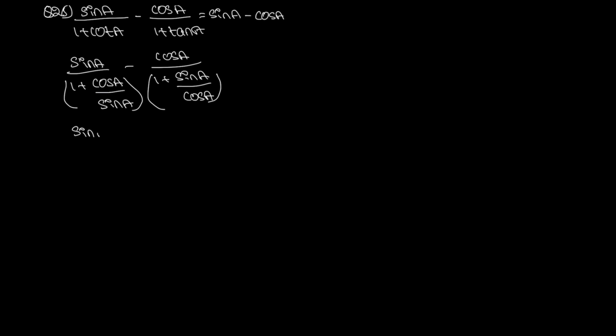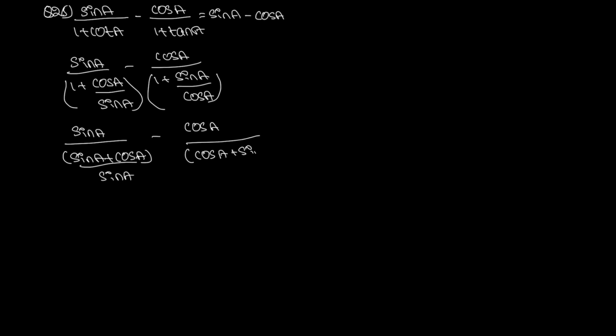We'll get it as sin A by sin A plus cos A. And the second term, the denominator remains the same, which is sin A, and the second term will be cos A plus sin A by cos A. Now let's transpose these denominators to the numerators.